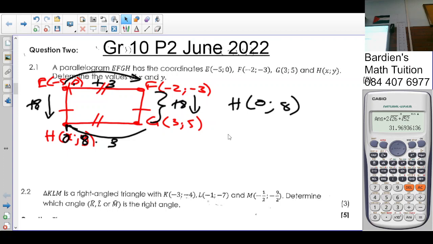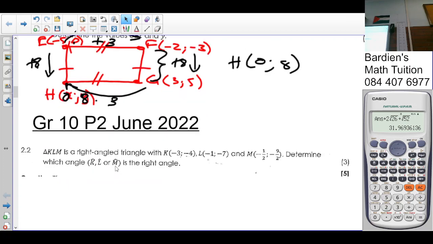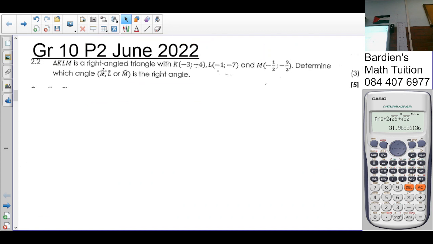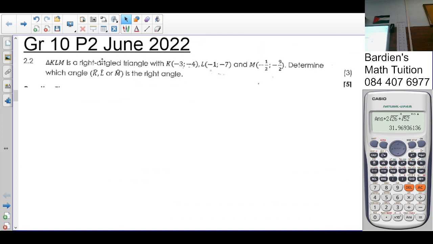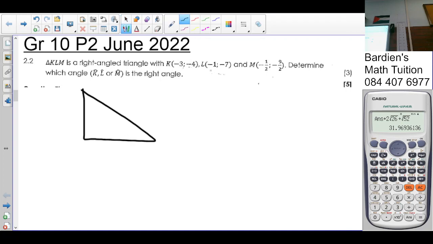Okay. Let's carry on. In 2.2, we are told that KLM is a right angled triangle. So we've got KLM. Determine which angle of KLM is a right angle.